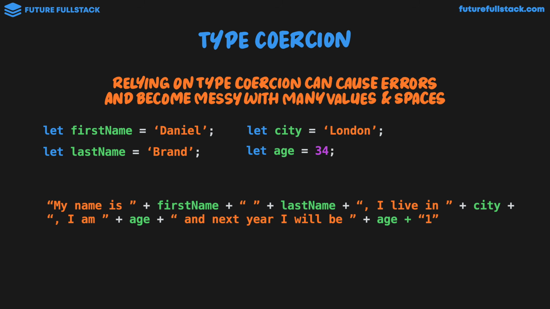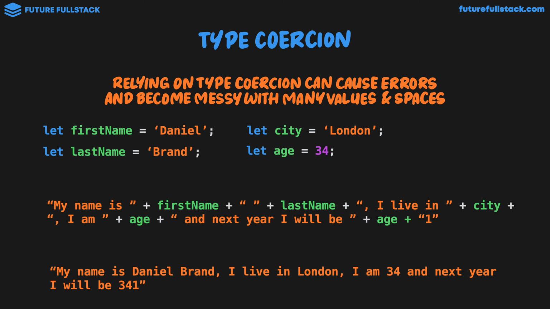My name is, with a space, plus first name, which would be Daniel, plus a space, plus last name, Brand, plus, comma, I live in, with a space, plus city, London, plus, comma, I am, space, plus age, 34, plus space, and next year I will be, space, plus the variable age, 34, plus the string 1. So it would be outputted like this. My name is Daniel Brand, I live in London, I am 34, and next year I will be 341.